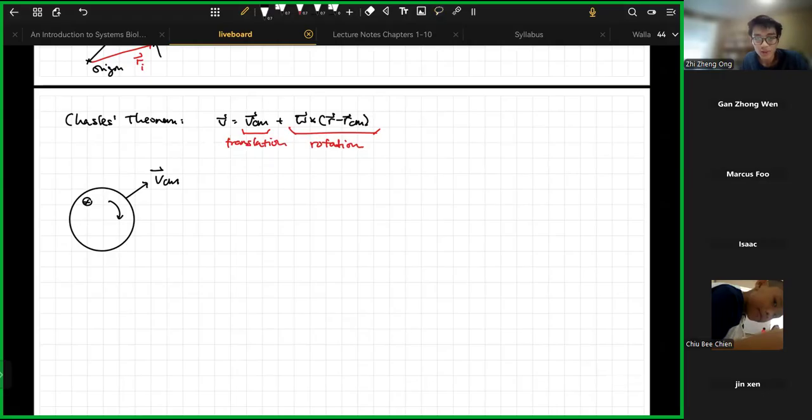Right? Is that okay for everyone? Why this equation makes sense? So over here, omega would be pointing into the page. And R minus R_CM is just relative to the center of mass, where this thing lies.